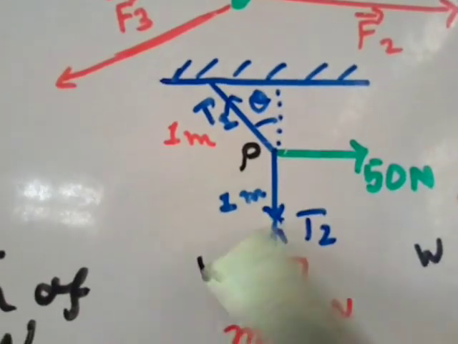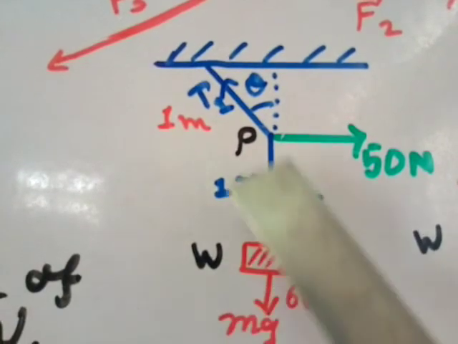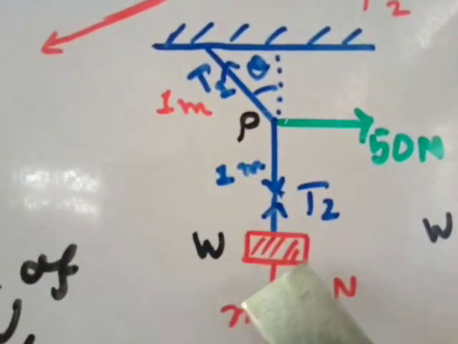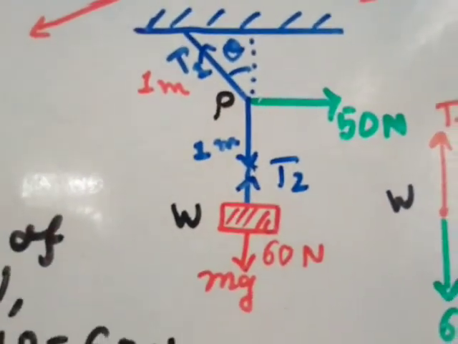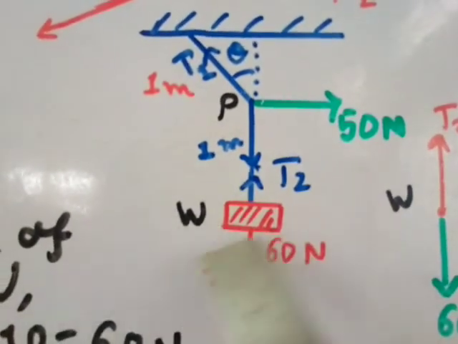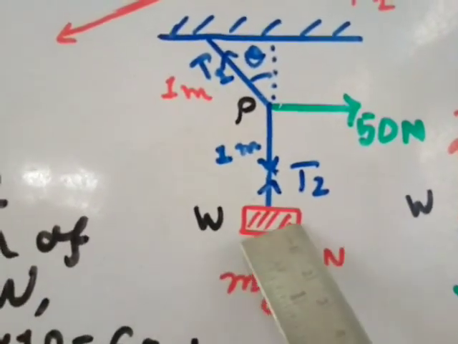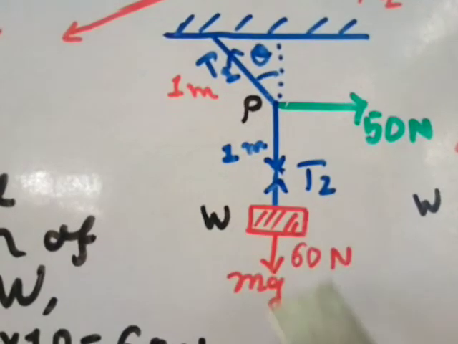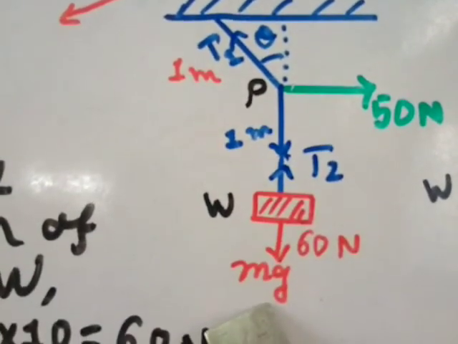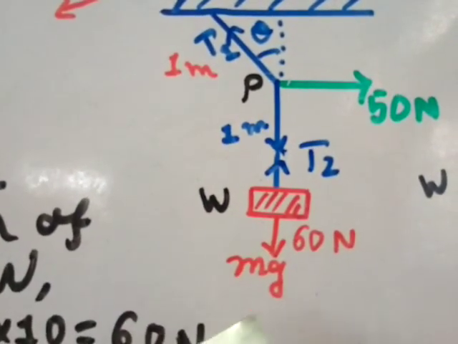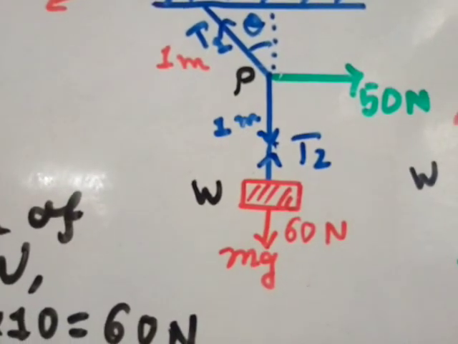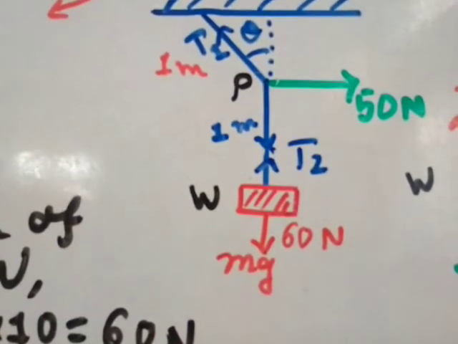And there is a weight of 6 kg suspended from this rope. So downward there will be the force mg, and this is W, the weight of the mass or the block. mg is the downward force, m is the mass, that is 6 kg, and g is the acceleration due to gravity, that is 10 meter per second square.